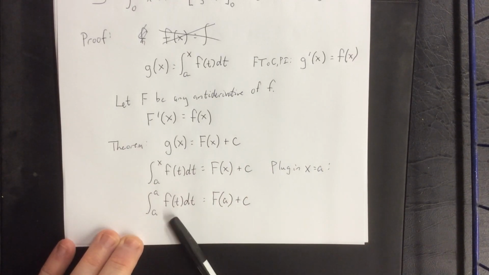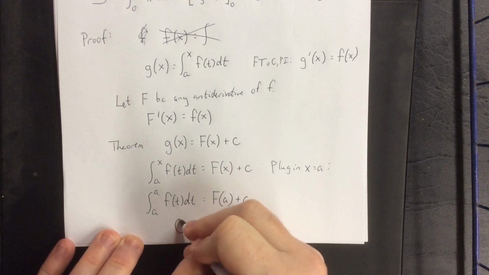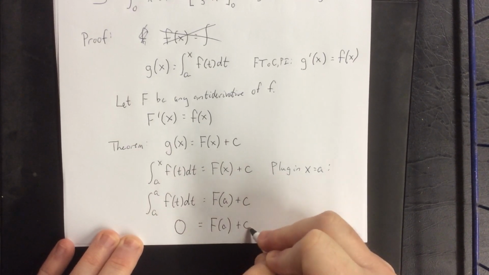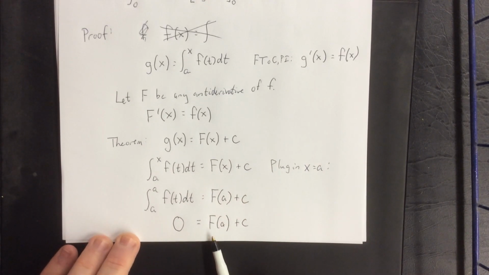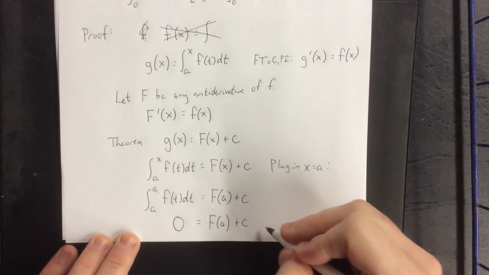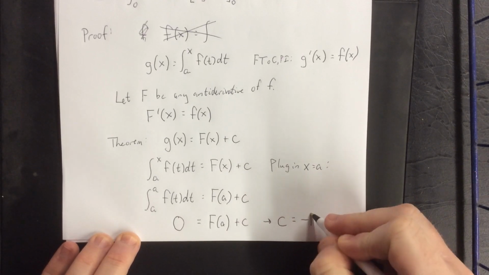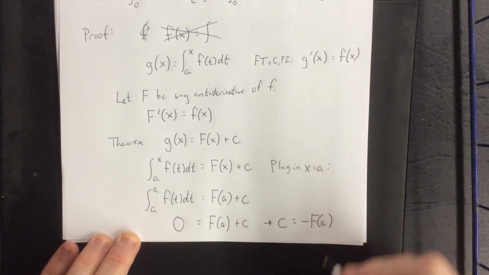Based off of one of the properties of integration, the definite integral from a to a is guaranteed to be equal to 0. So 0 is going to be equal to capital F of a plus c. Solving for c, c is going to be equal to negative capital F of a.